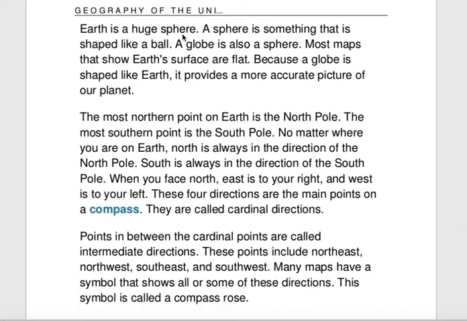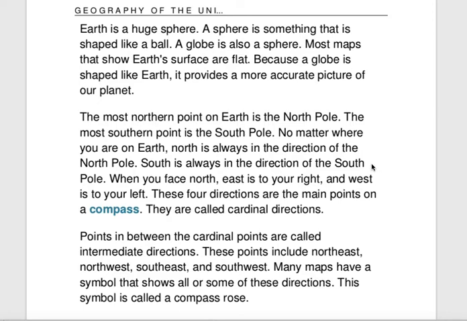Earth is a huge sphere. A sphere is something that is shaped like a ball. A globe is also a sphere. Most maps that show Earth's surface are flat. Because a globe is shaped like Earth, it provides a more accurate picture of our planet. The most northern point on Earth is the North Pole. The most southern point is the South Pole. No matter where you are on Earth, north is always in the direction of the North Pole.